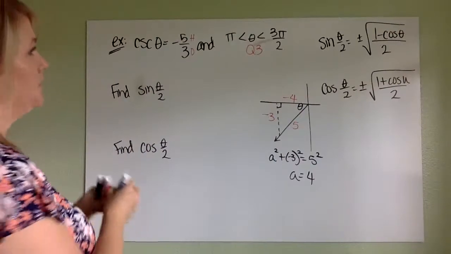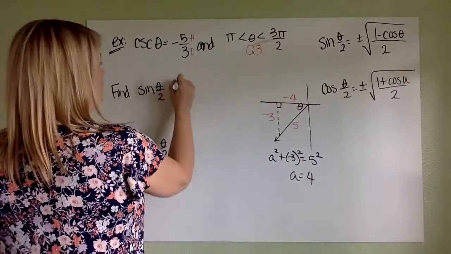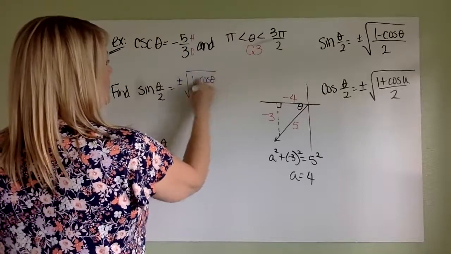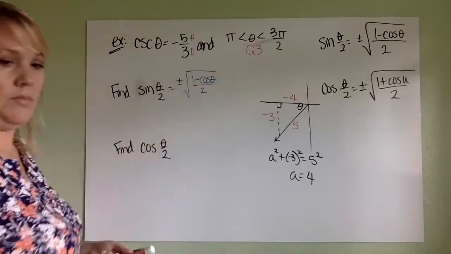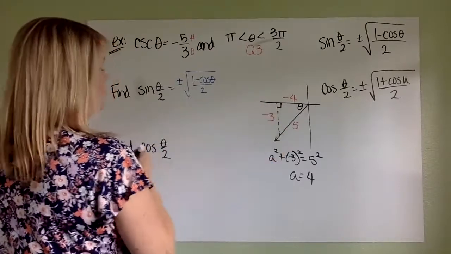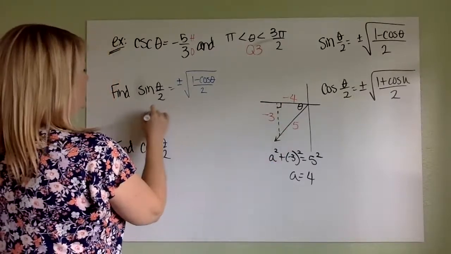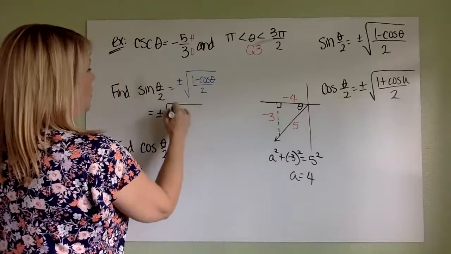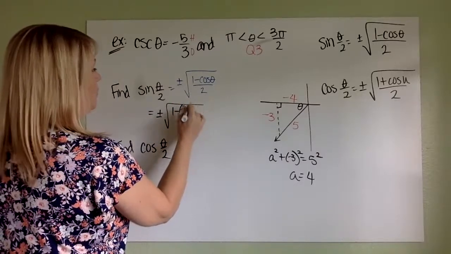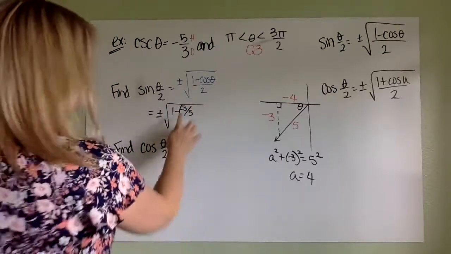Okay, so using our formula up there, the cosine of the angle is negative 3/5. So this looks like plus or minus the square root of 1 minus negative 3/5. Oh, sorry, not negative 3/5, negative 4/5.